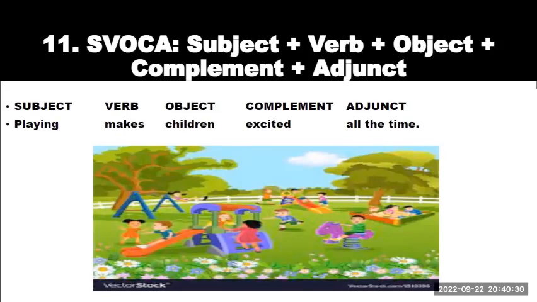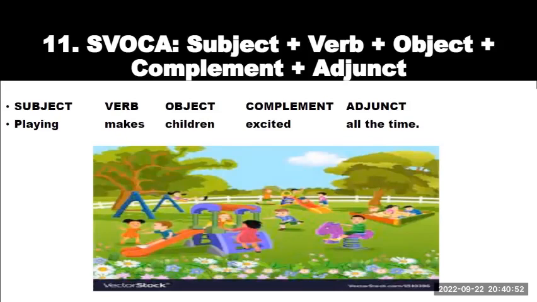Now, the object is children, who receive the action of playing. Playing makes, children receive the action, and then they get excited. So excited is the complement, because we need excited to complete the meaning of the sentence.